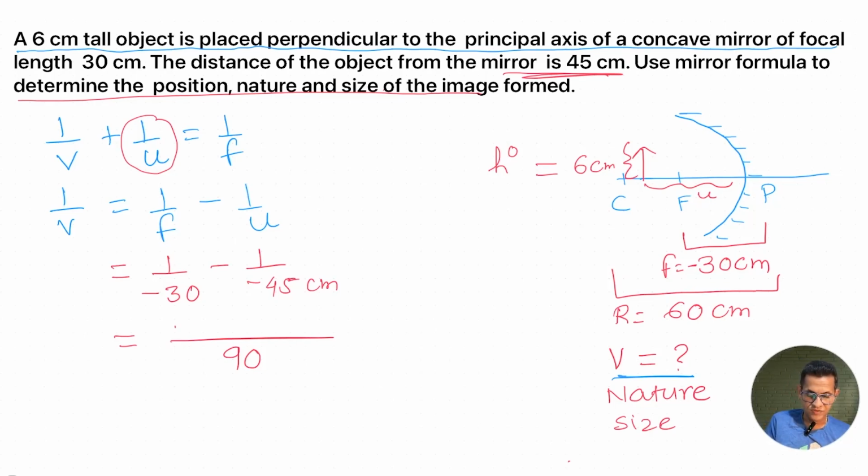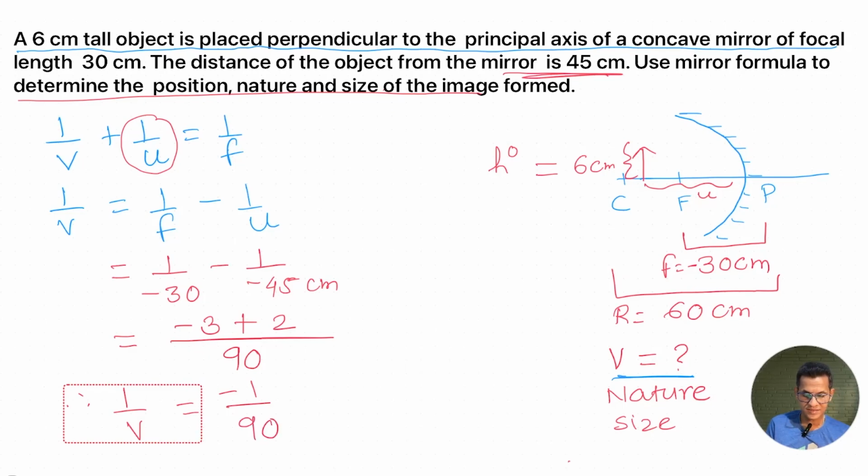I'll take the negative sign of 30 as it is in the numerator, and I'll write 30 multiplied by 3 is 90. Now here, because there are two negative signs, this whole fraction will become positive, so I'll write plus, and 45 into 2 is 90. So therefore, I'll get 1 upon V as negative 1 upon 90.